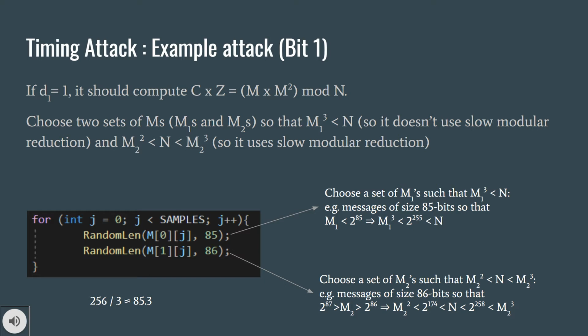We choose a set of M1s such that M1 cubed is less than N. Since the size of N is 256, we randomly choose messages of 85-bit size. For M2, to satisfy the inequality, we choose 86-bit messages.